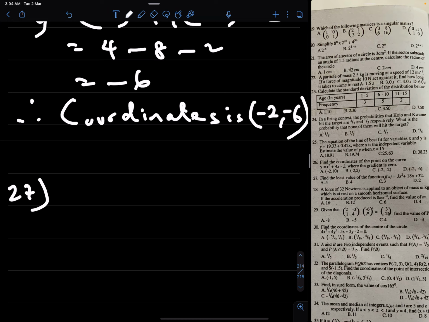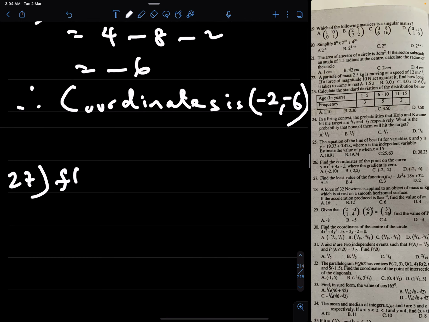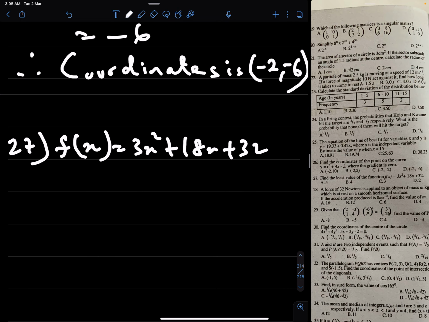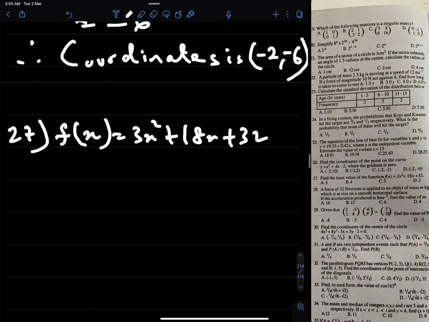Number 27 says find the least value of the function f of x equals 3x squared plus 18x plus 32. At the least value, the derivative of this function is 0.